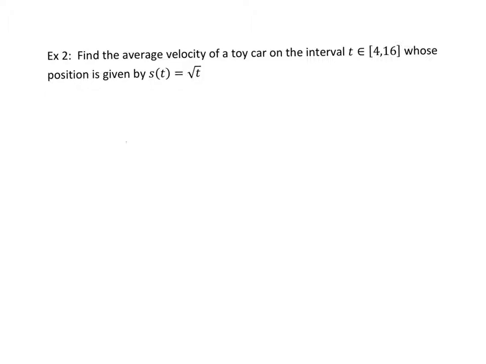Sometimes you're asked to find average rates of change involving a context. So this says find the average velocity of a toy car on the interval 4 to 16, whose position is given by s of t equal to the square root of t. So the average velocity, okay, average velocity is the average rate of change of your position.